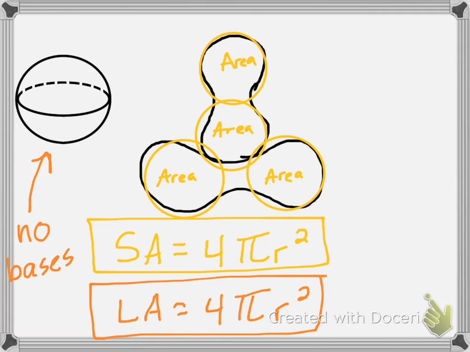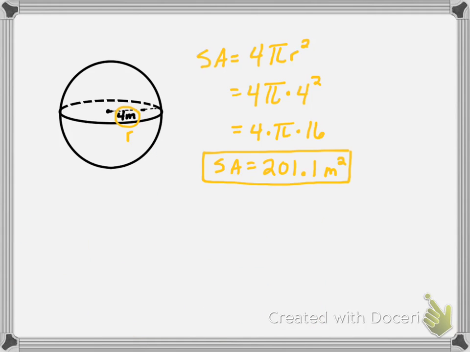If you take away the bases from the surface area, you didn't take away anything. So this is the one figure where surface area and lateral area will be exactly the same. So if you look at this example, this whole component is also lateral area. So the lateral area is again 201.1 meters squared.